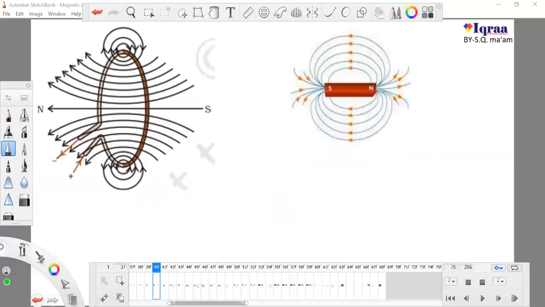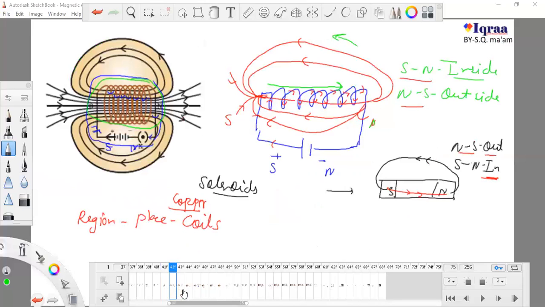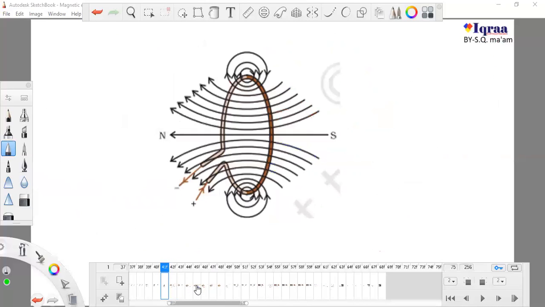Let me ask you one question and I will give you only 30 seconds. Why is this pole converted to north, and why is this pole converted to south automatically? Can you answer me?